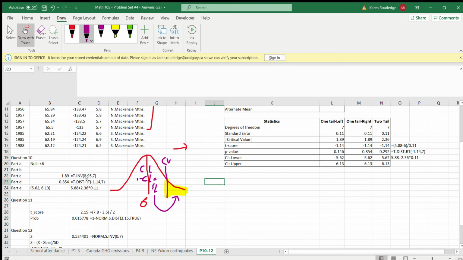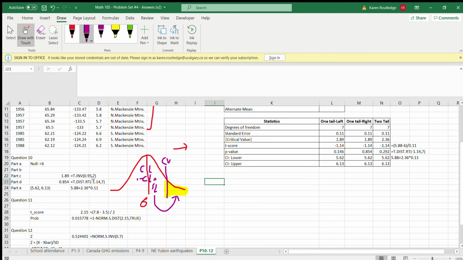The way this particular Excel function works is we have to give it not the tail that we're interested in, but the complement, the probability from negative infinity up to the critical value, and it will tell us what the critical value is up to that point. So we give it the complement. All of this curve is equal to 1 minus the 0.05 that we have here, which means all of this is equal to 0.95. So that's what we put in the Excel function.